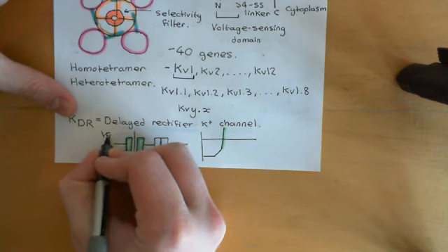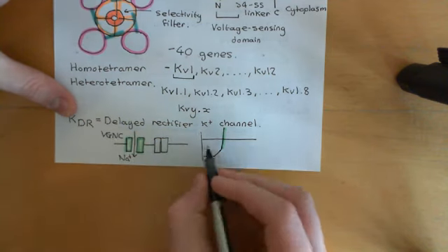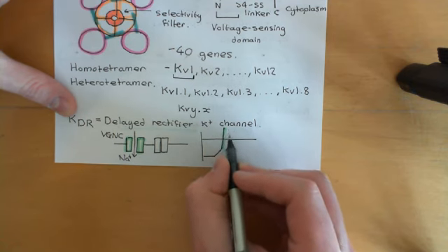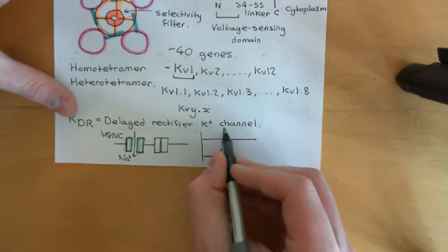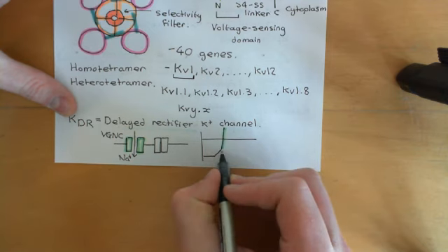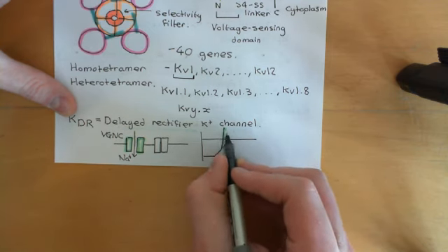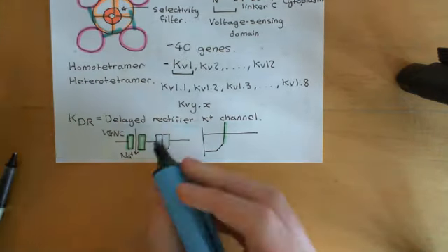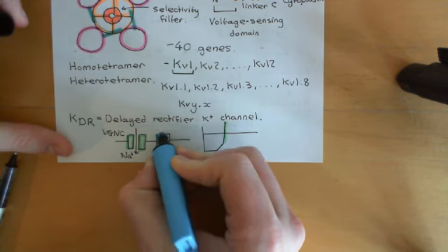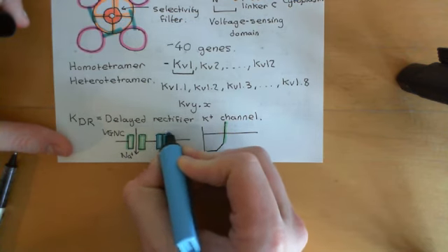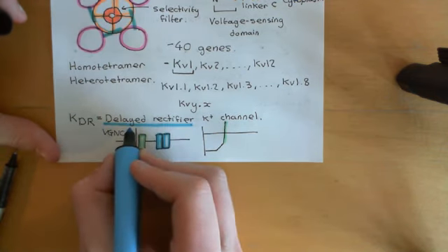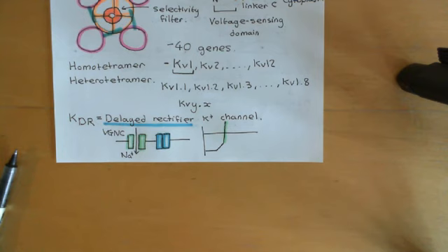They just take absolutely ages to open, and by the time they get round to opening, the voltage-gated sodium channels have opened and inactivated. So these voltage-gated potassium channels involved in the action potential are called delayed rectifier potassium channels because of how delayed that opening is from when they were initially activated to open.